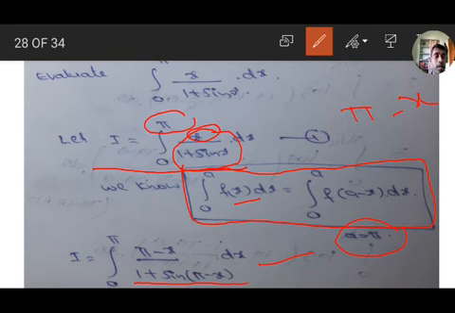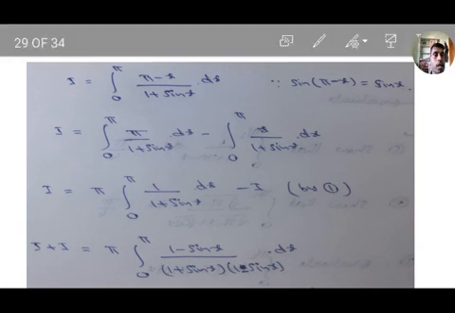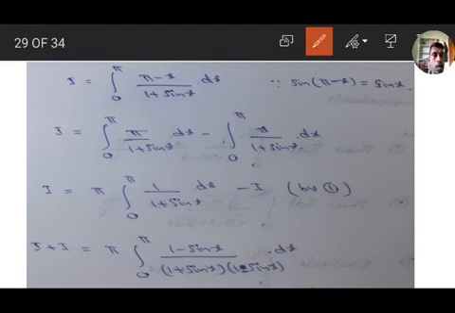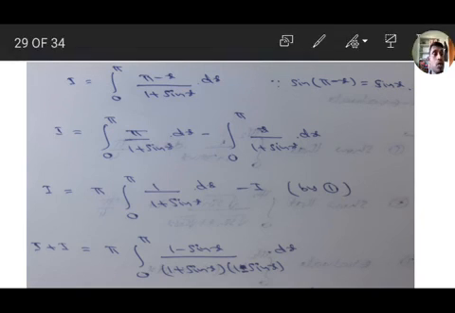Sine of pi minus x is sine x, so in the numerator pi minus x stays the same, and the denominator is 1 plus sine x. So I equal to integration 0 to pi of pi minus x by 1 plus sine x dx.